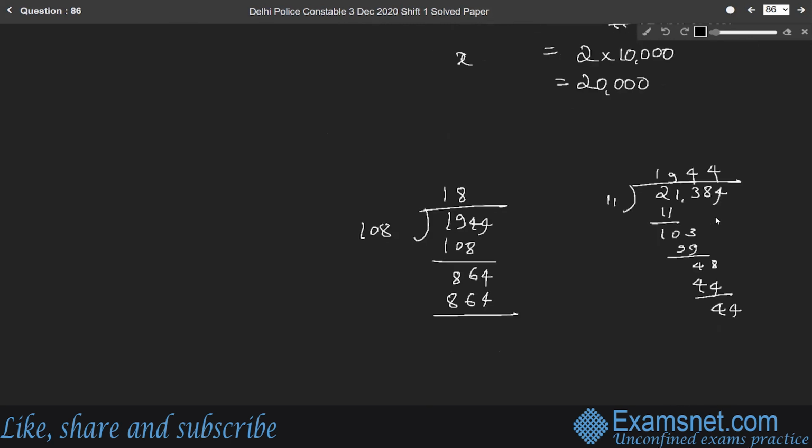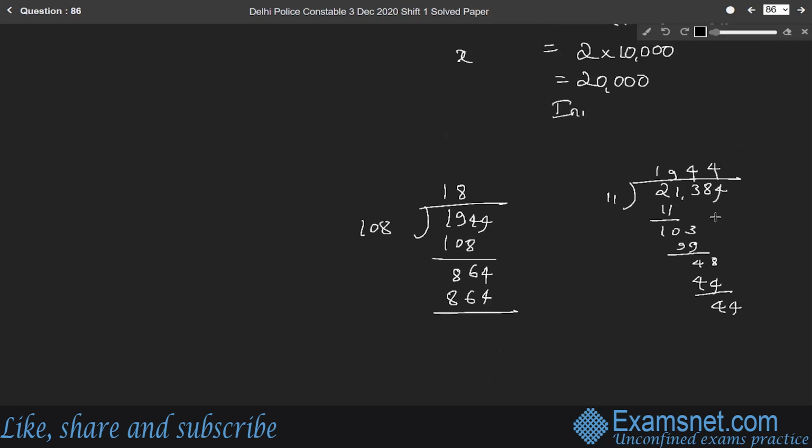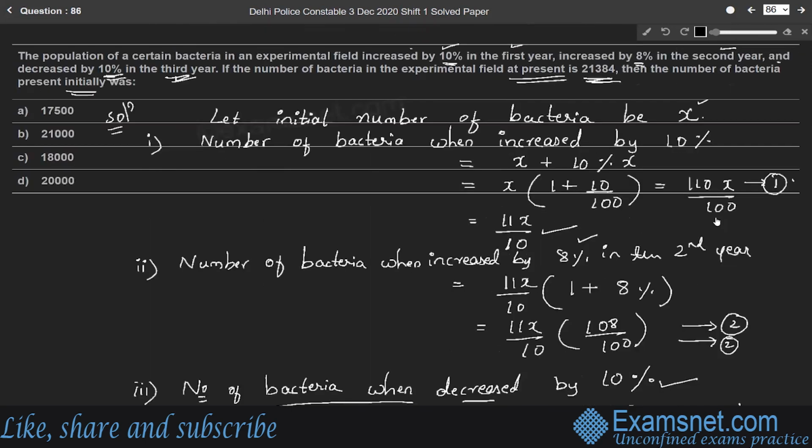What is x here? Initial number of bacteria. Therefore, coming back to the question, the number of bacteria present initially was 20,000.